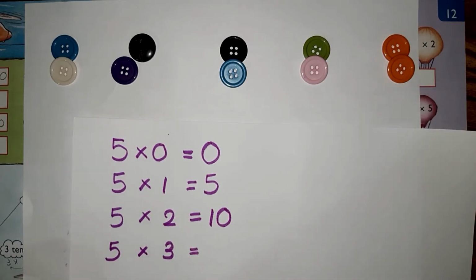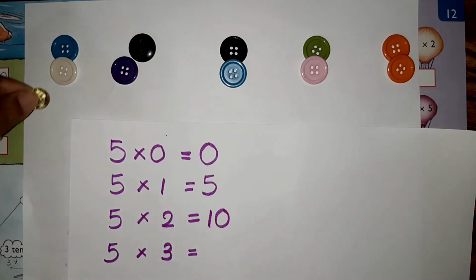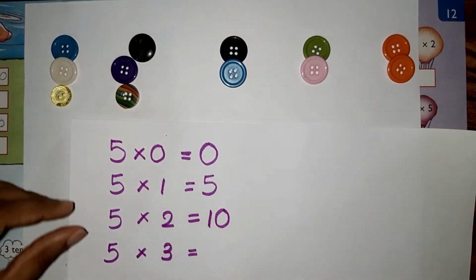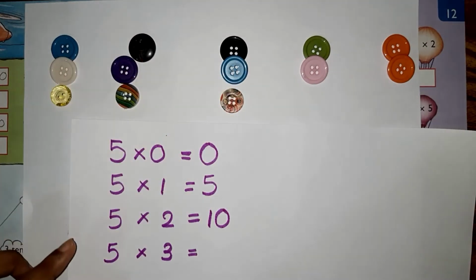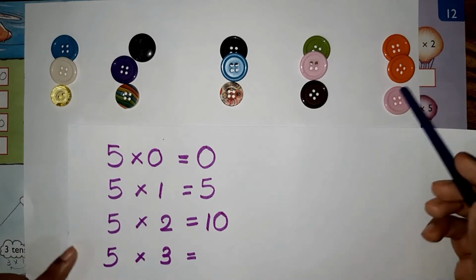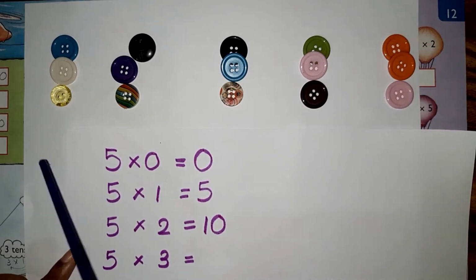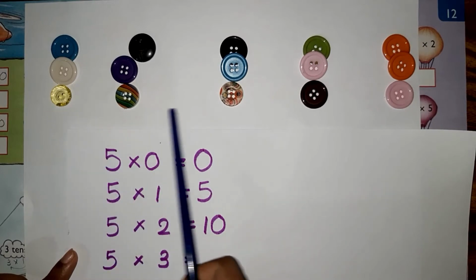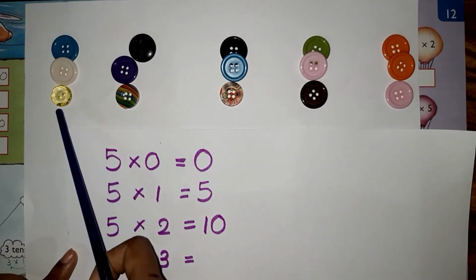Now I'm going to add another object to our sets. So it has 3 objects in each set. Whenever I'm adding an object, you can see that I'm adding 5 objects each time.